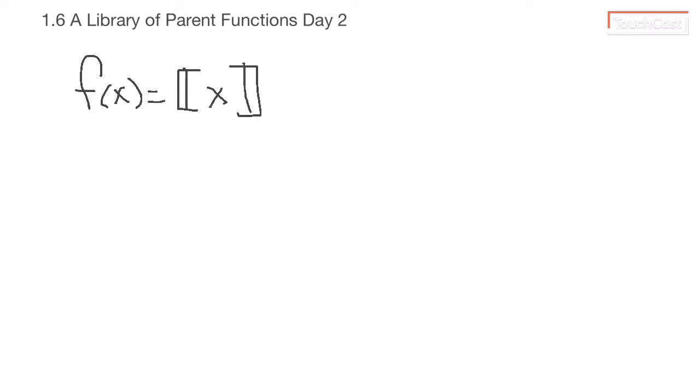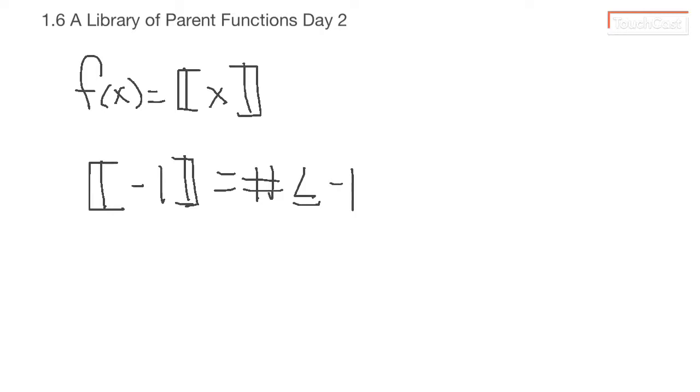Just to help you understand what that means, say we have this greatest integer symbol and call x -1. We're really asking, what's the biggest number that is less than or equal to -1? And in this case, it's going to just be -1.